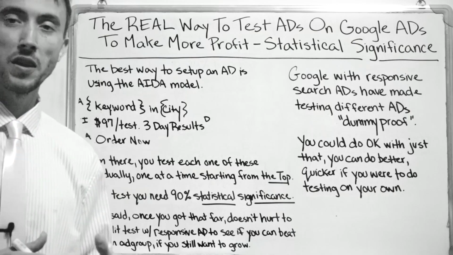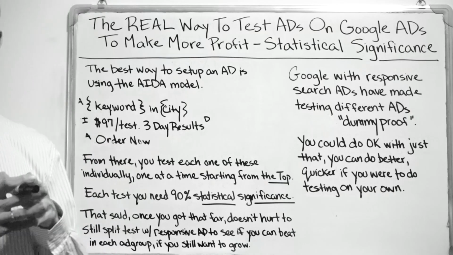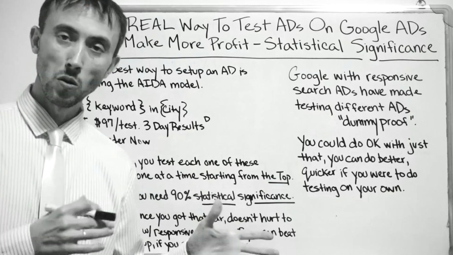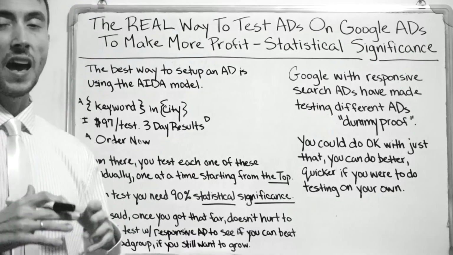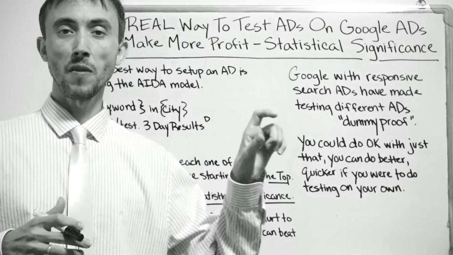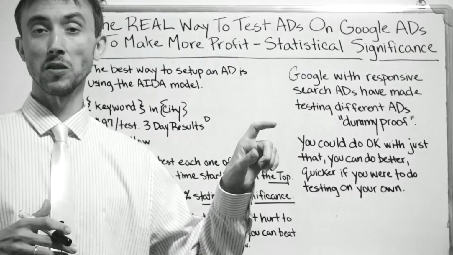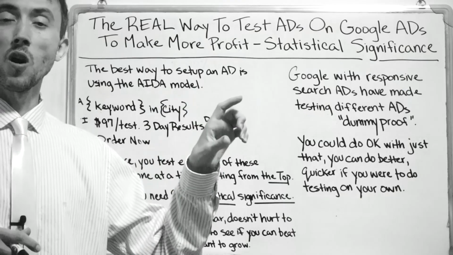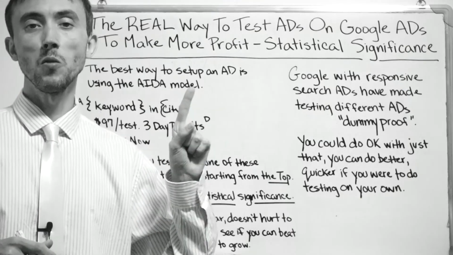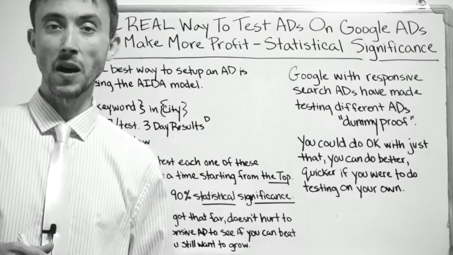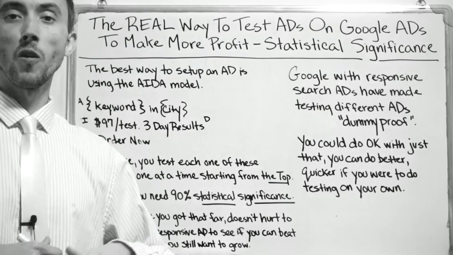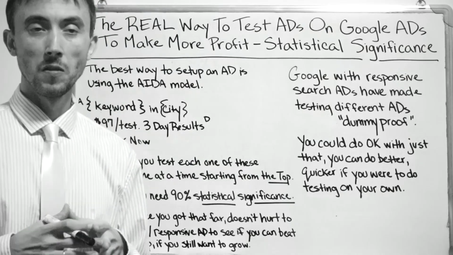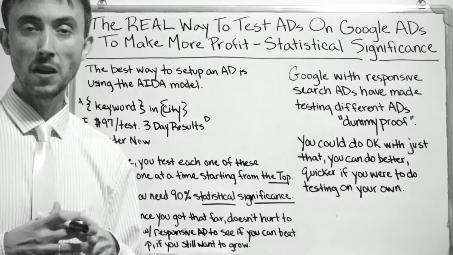The reason for this is the one good thing about the responsive search ads that Google has is they actually don't have one version of that ad for everybody, like some people think. Ultimately, even if you're targeting one keyword in that ad group, which you should be doing, by the way, which I talk about all the time on this channel, how that doubles your click-through rate and triples the amount of money you can make.